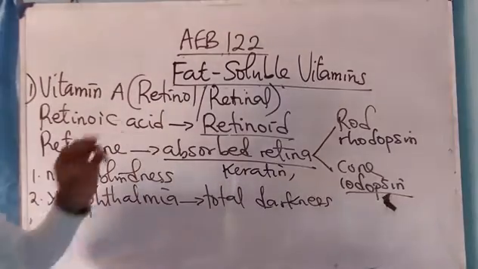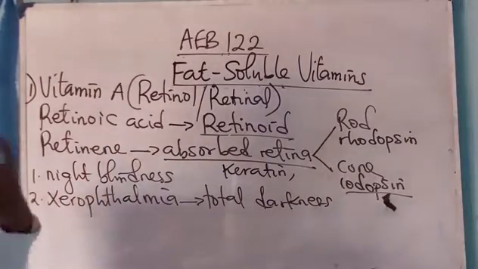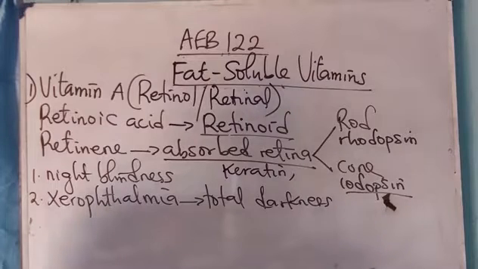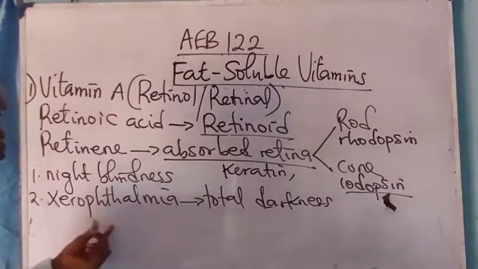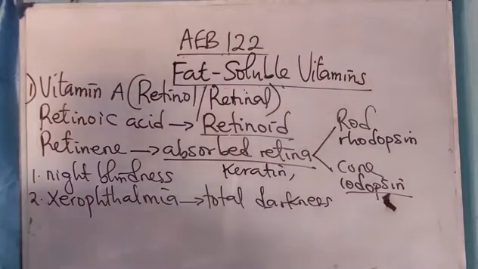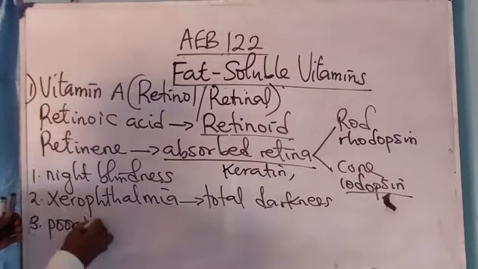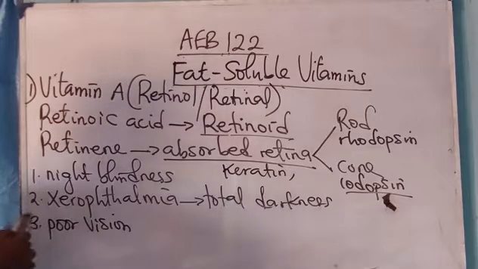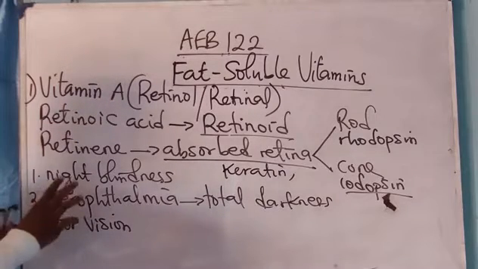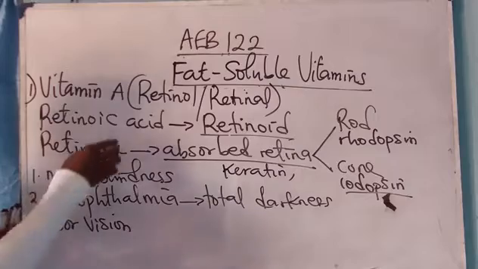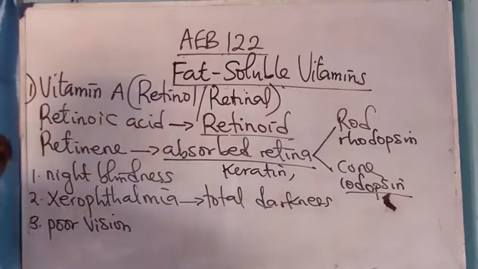They are the functions of retinol. Now, deficiency of vitamin A, I said, causes night blindness, total darkness, and poor vision. These are the deficiency symptoms of vitamin A. Take note of that.